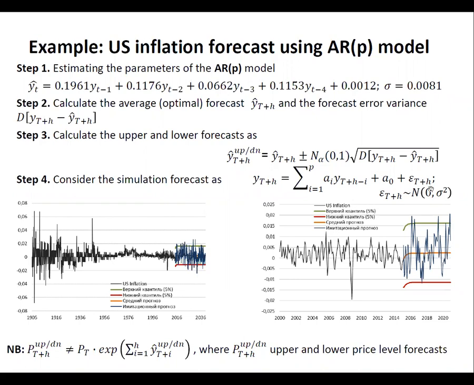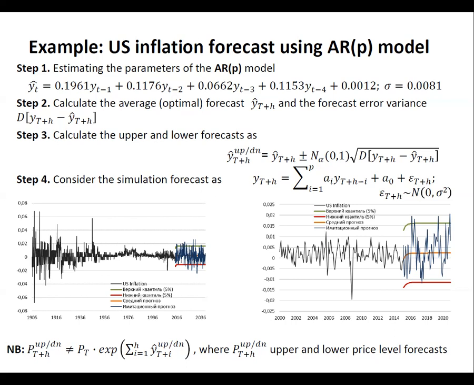Plus an error for the first period. For the second period, the forecast refers to the already obtained forecast values for the first period, the values obtained taking into account the error that fell in the first period, plus the constant values that were in the historical period, plus the error for the second period, and so on. For the third period, the simulation forecast is based on the parameters of the autoregressive model plus the error for the first period, the second period, plus the error of the third period, and so on.